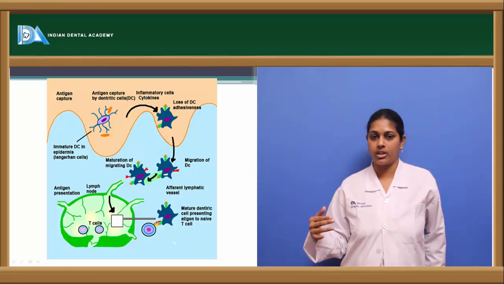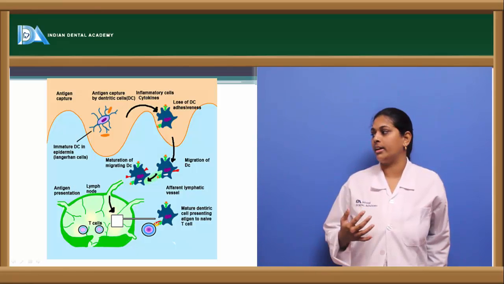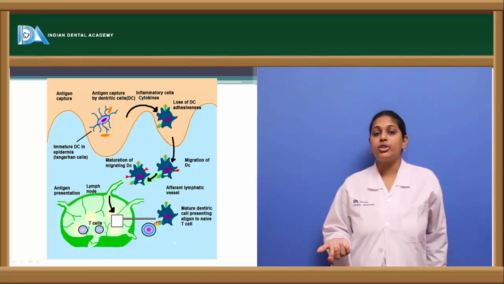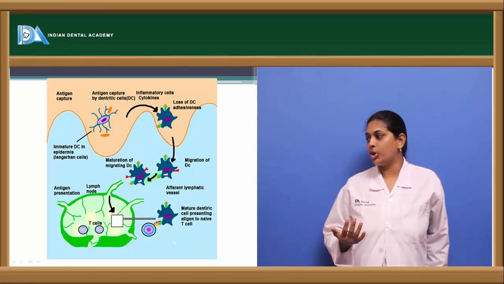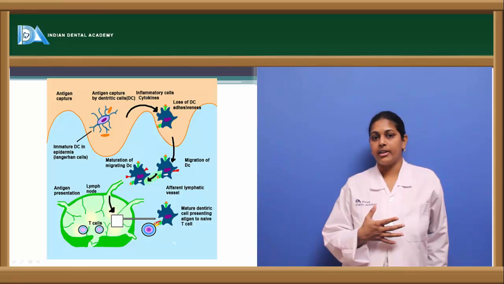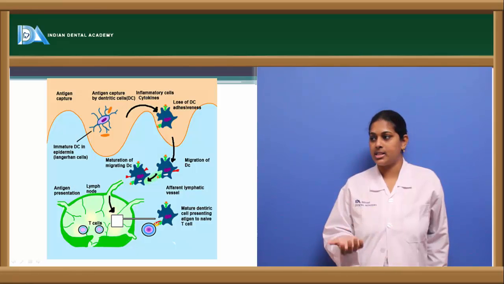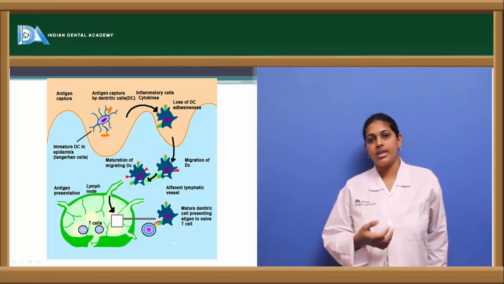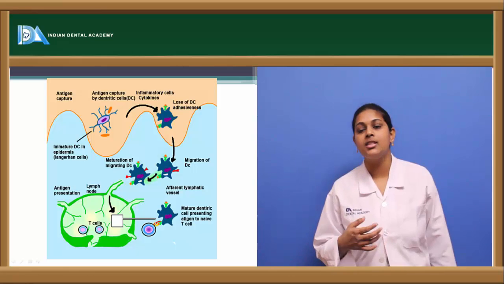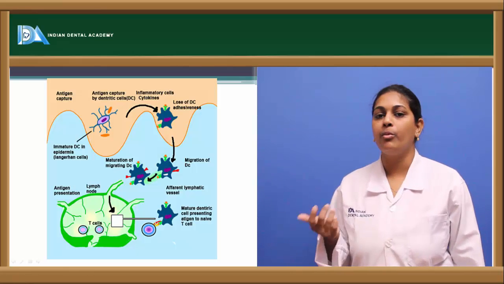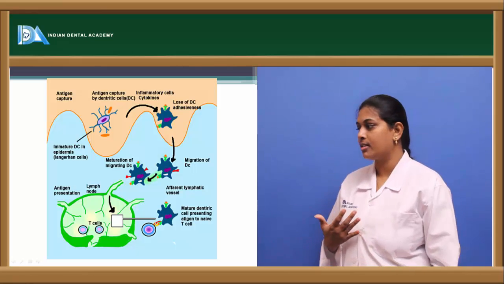Once they reach the connective tissue, after this migration of the dendritic cell, there will be maturation of the migrating dendritic cells. That is, it starts maturing, and once it does, this mature dendritic cell engulfs the antigen and becomes an antigen presenting cell. Once it forms an antigen presenting cell, it moves to the specific regional lymph nodes.